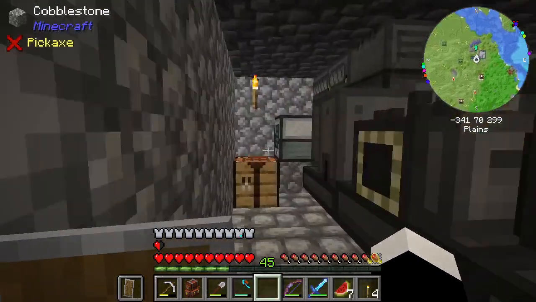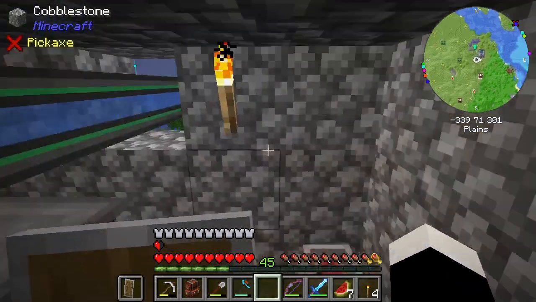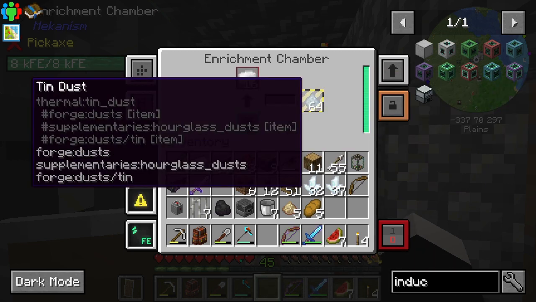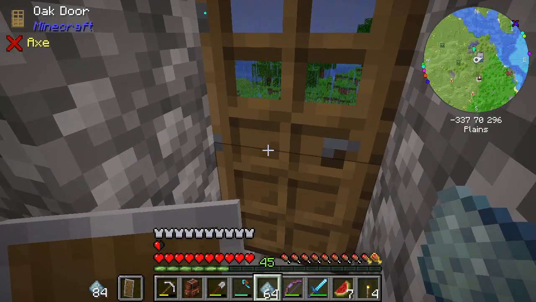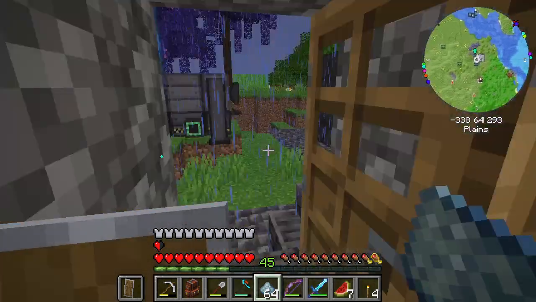Okay, that's it for the nickel dust, and yeah, there is a chance of an extra output. It's also possible to get, if you use the pulverizer on raw iron instead of the enrichment chamber, nickel ore out of it.